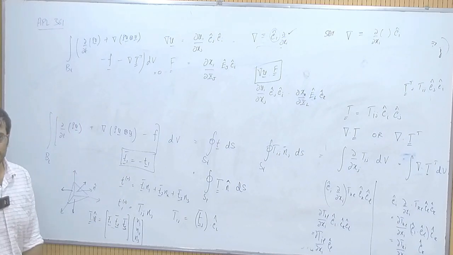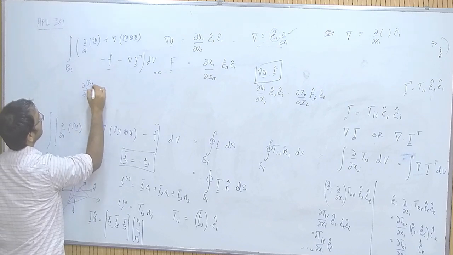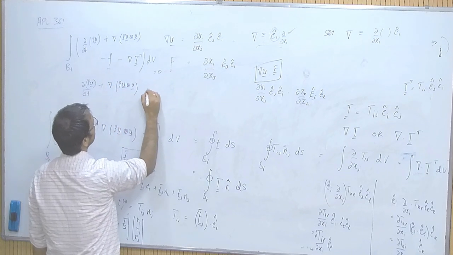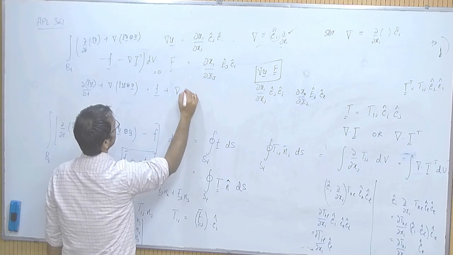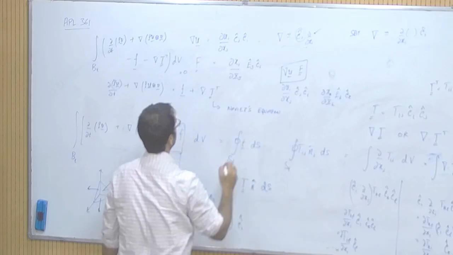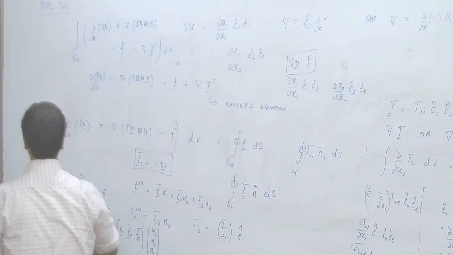So the integrand must be 0, and that means this is our momentum equation. This is often called the Navier's equation because there are some assumptions which were made by Stokes to get Navier-Stokes from here, but this is the general momentum equation that we are going to deal with.